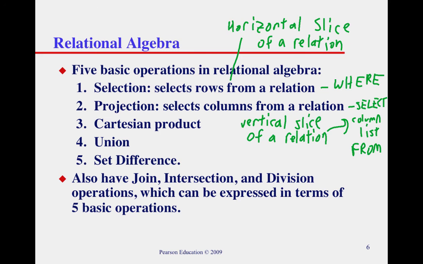You can get intersection from set difference. We'll see that in a moment. And you can get division from a complicated set of Cartesian product and division operations. So the relational algebra, typically when you see a language like SQL, joins, intersection, and division is in the standard. But strictly speaking, it's unnecessary because those 3 operations are derivable from the base set of 5.